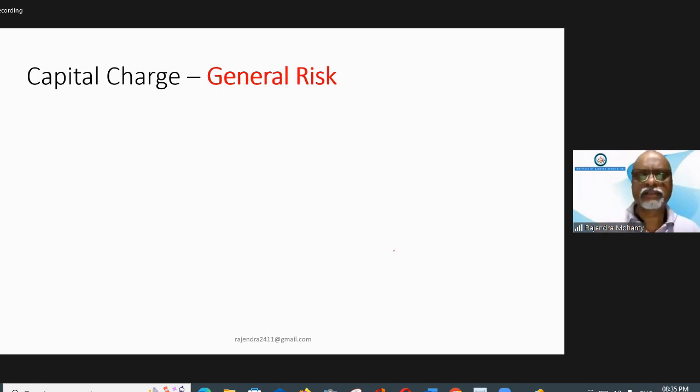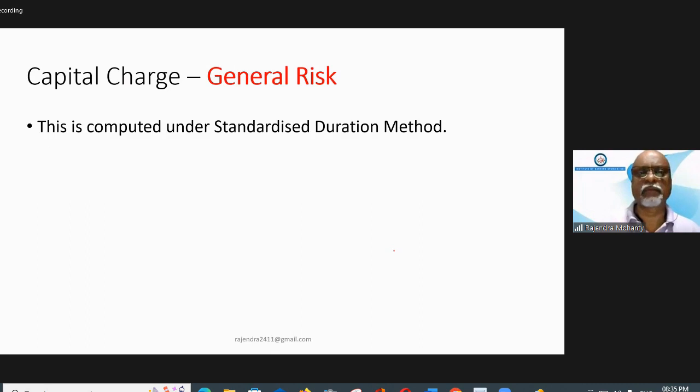Now, general risk is basically computed under the standardized duration method. The first is the standardized maturity method. The second is the standardized duration method.